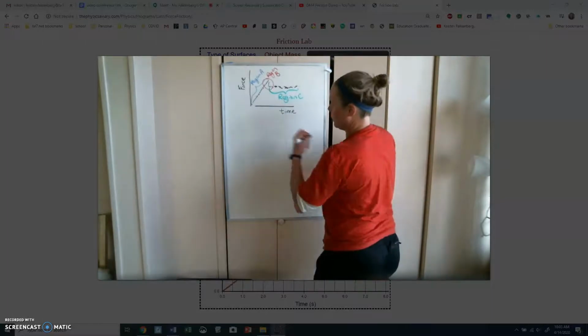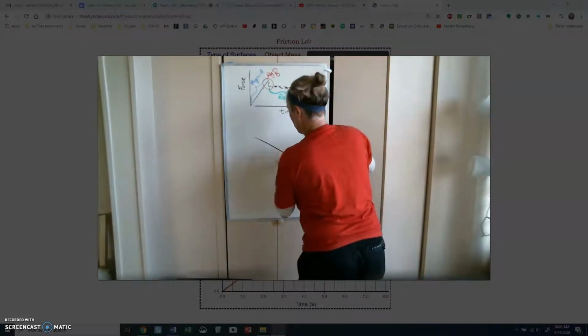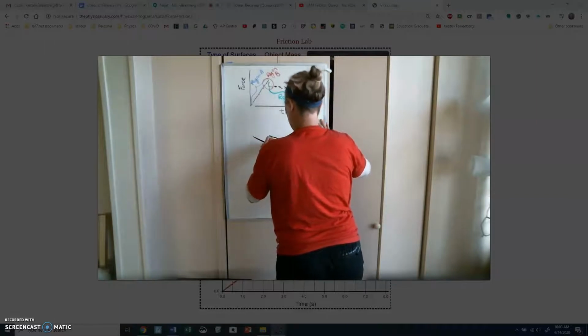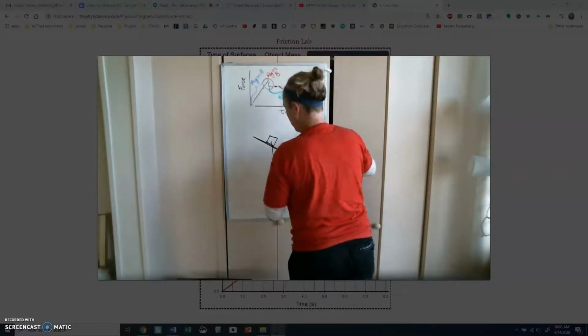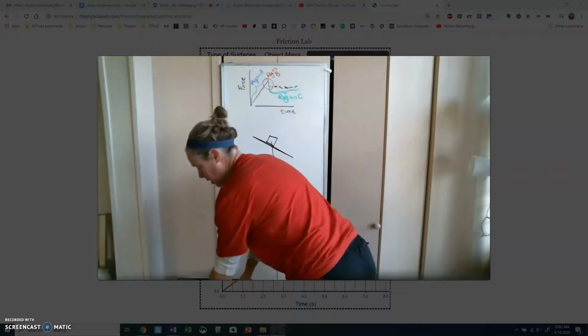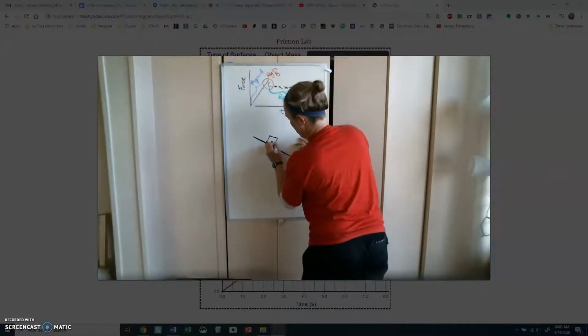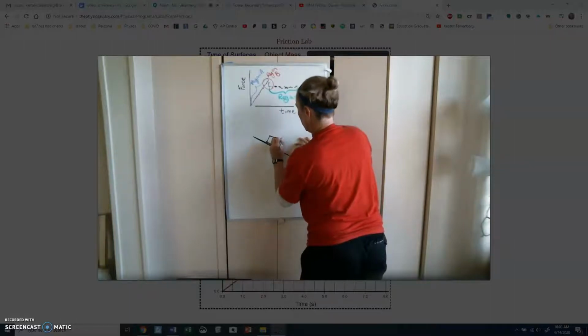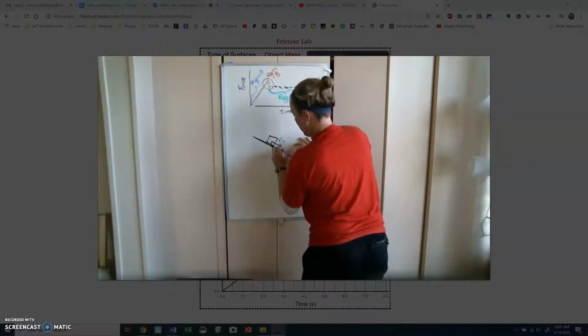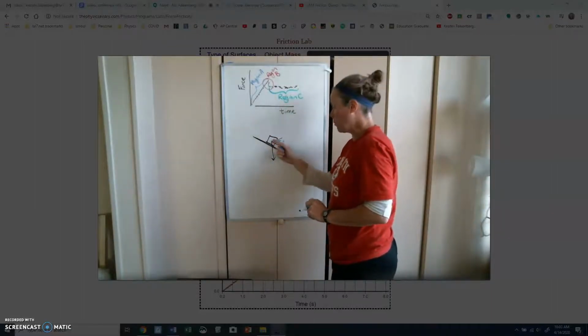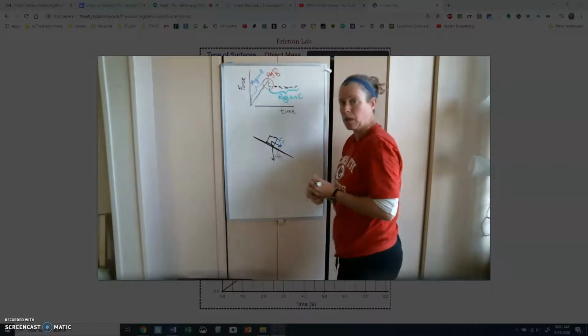So a real quick drawing. I have that block, and it's got this force of gravity, right? Now, if I broke it into its components of force, I'd have a force parallel and a force perpendicular to the slope. The greater I increase the slope, the greater this force parallel becomes.